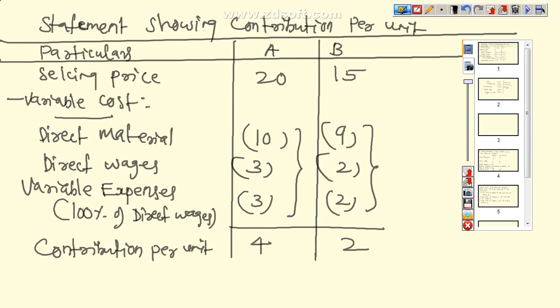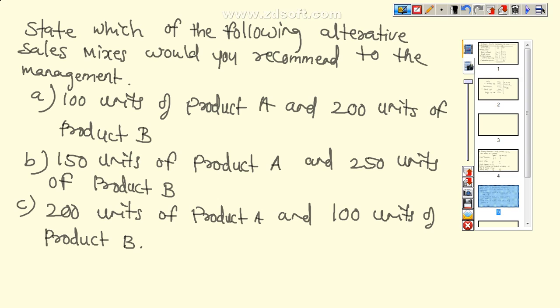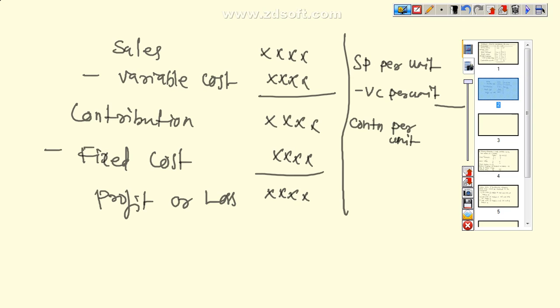After calculating contribution per unit, we have to calculate the profit of each sales mix. So first, 100 units of product A and 200 units of product B. So we write it here.